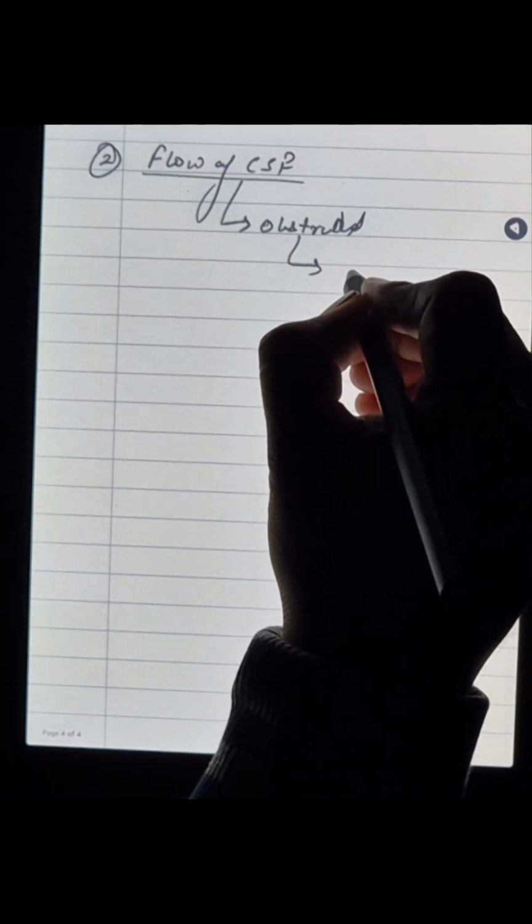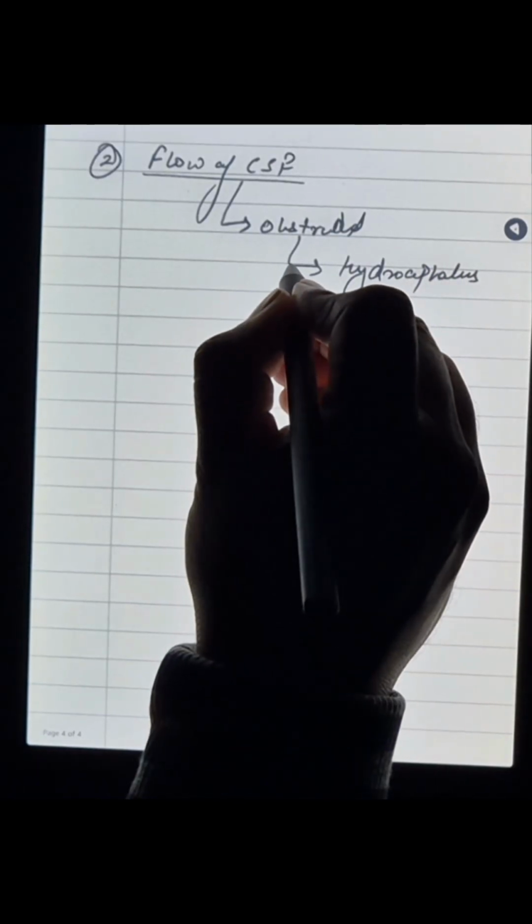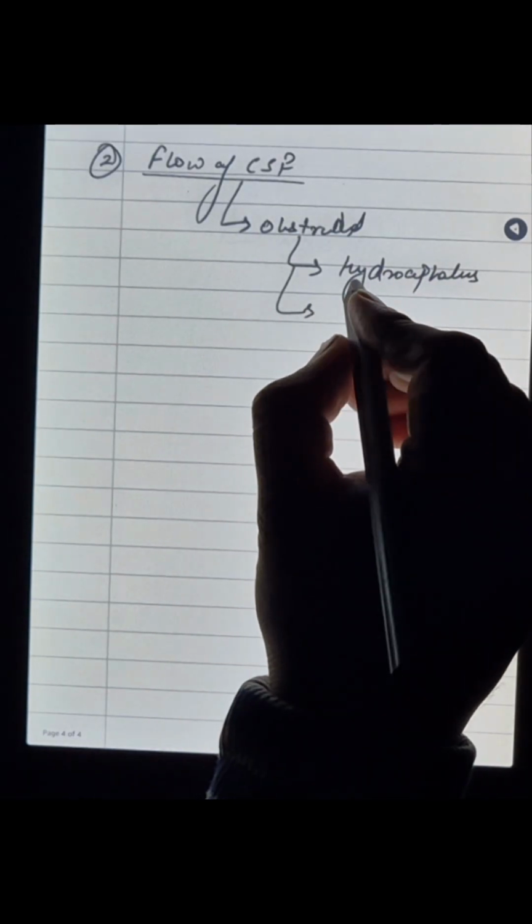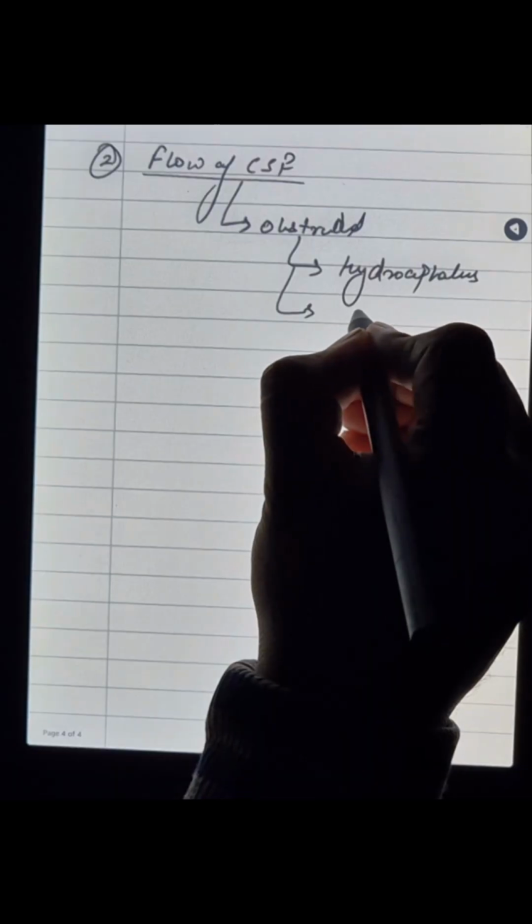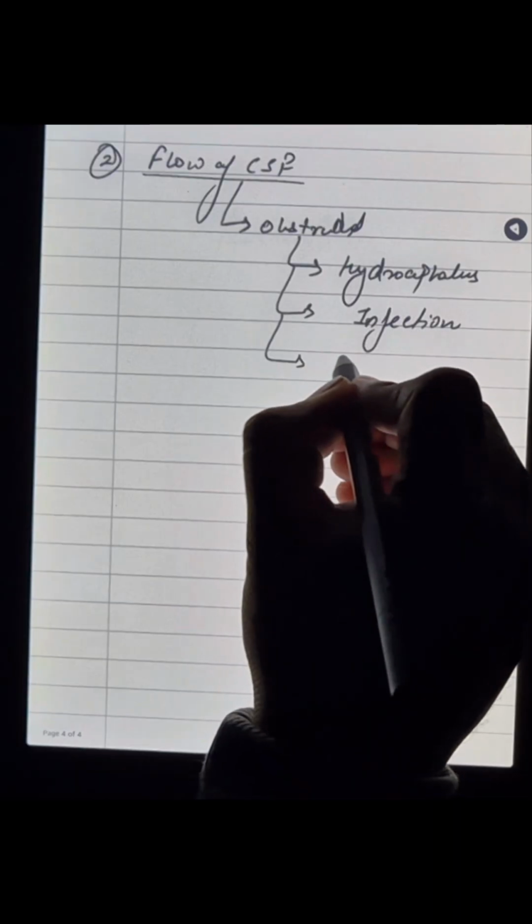So if the flow of CSF is obstructed, the conditions in which the flow of CSF is obstructed are hydrocephalus, second is infections, and other is meningeal diseases.